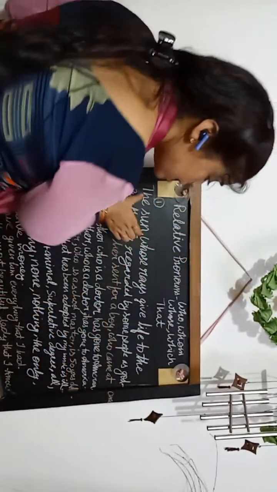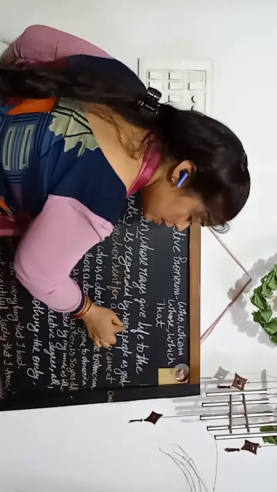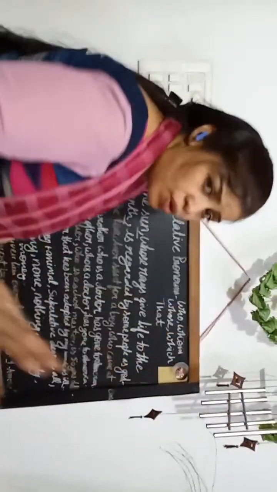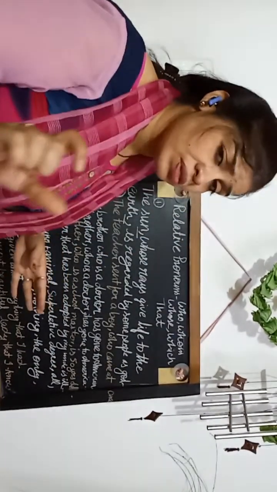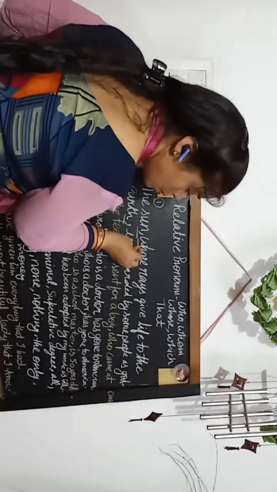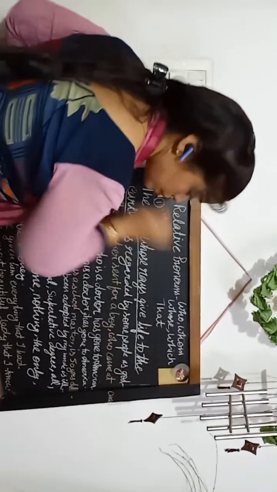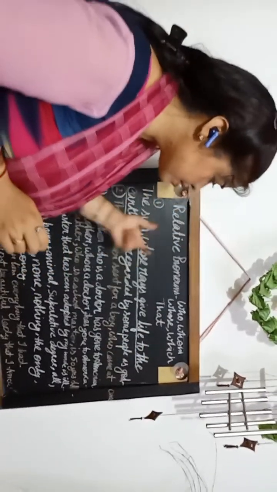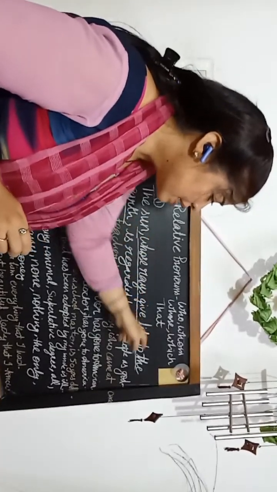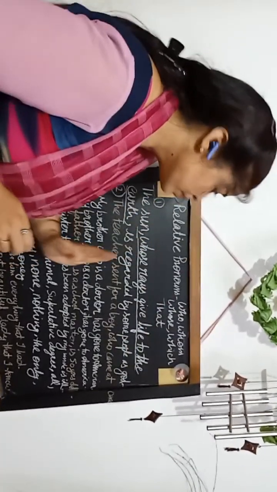Here you can say "the sun is regarded by some people as God" is the main clause. But we are enlarging this sentence by introducing this clause: whose rays give life to the earth.